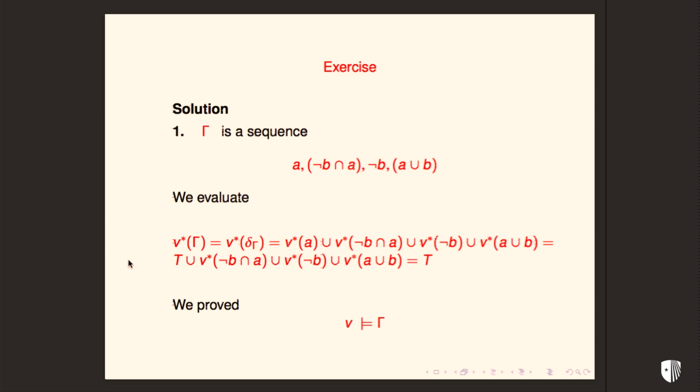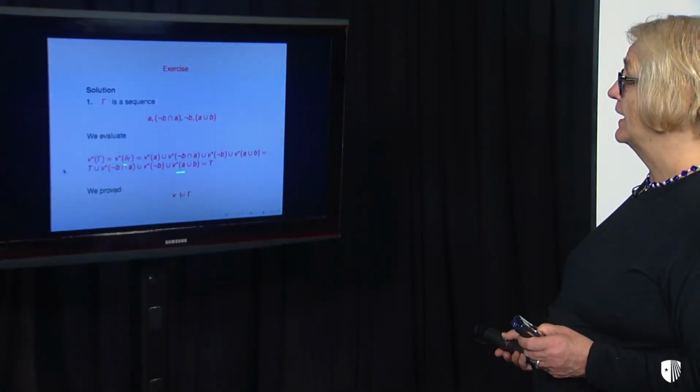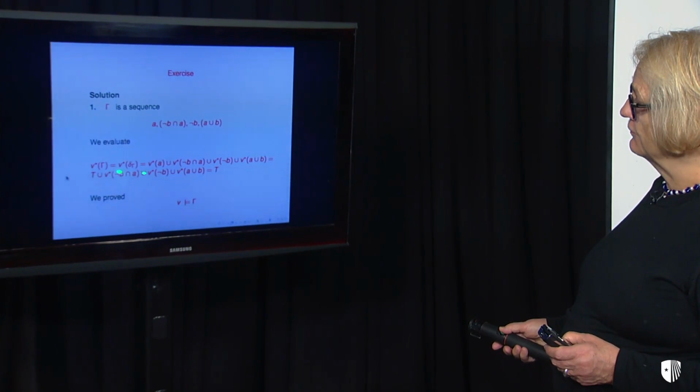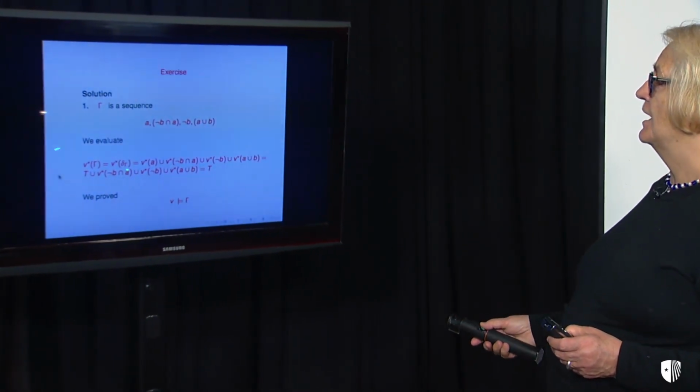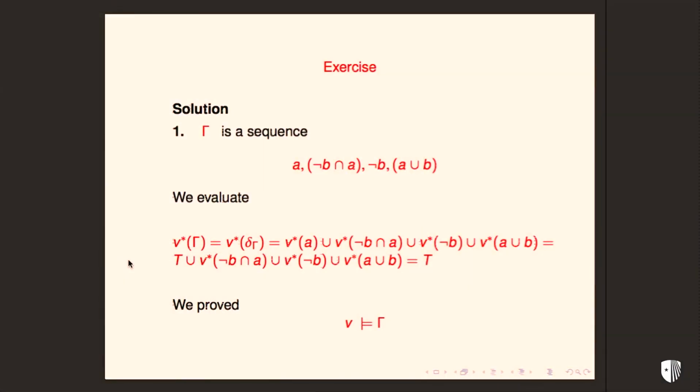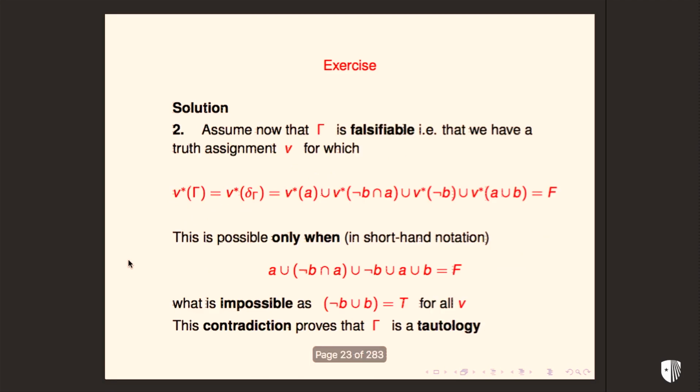This is a full-fledged solution. This is the definition of v, this is the extension, this is nicely written. So finally we get T. So we proved that this v, which we had, satisfies the sequence gamma.